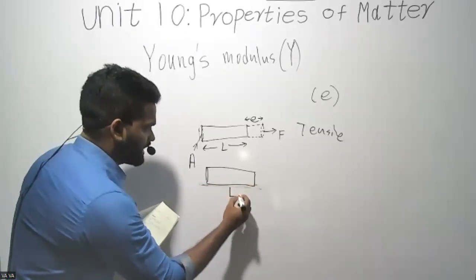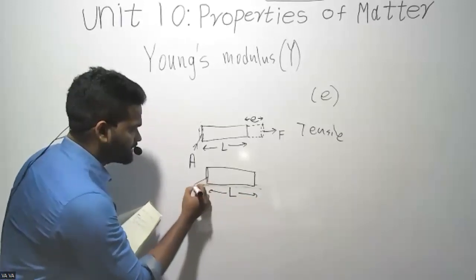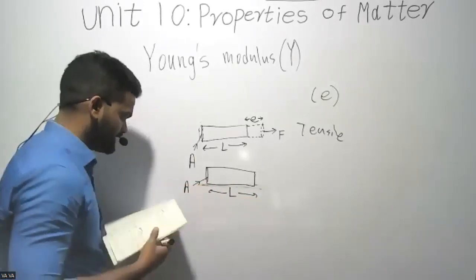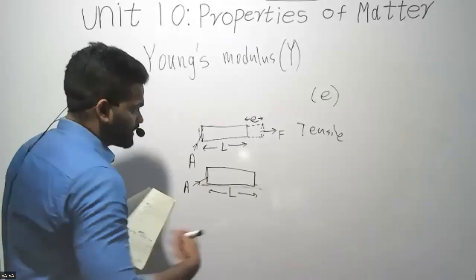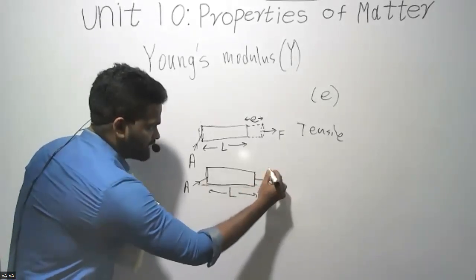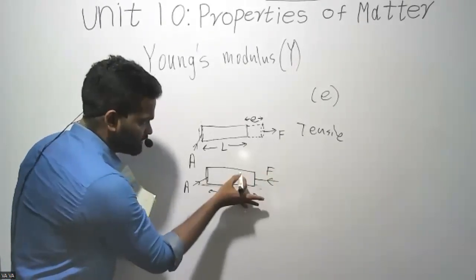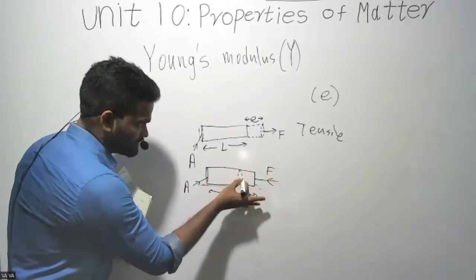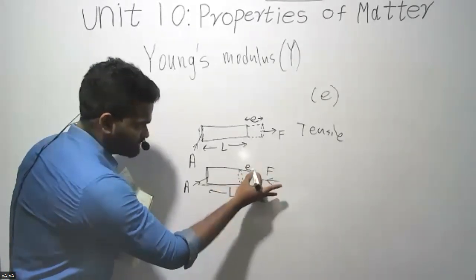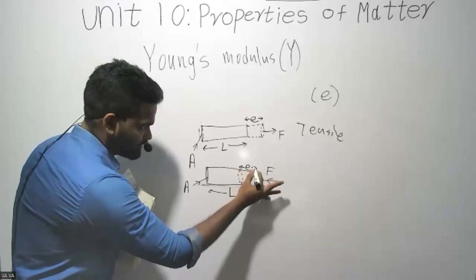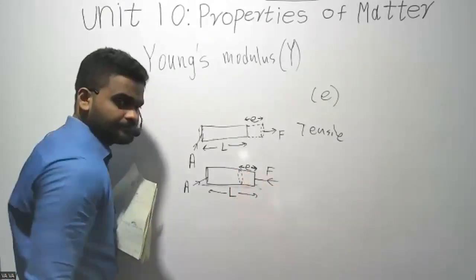It has a capital L length and a uniform cross section, capital A. And when you apply a force like this, it compresses. Let's say this much. And that compression, we call that simple e.